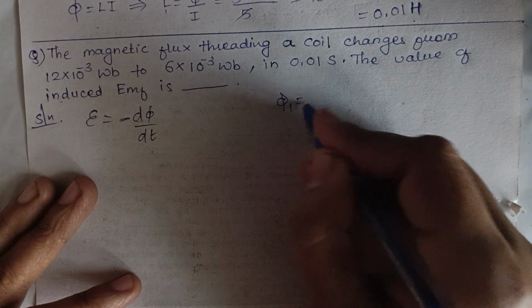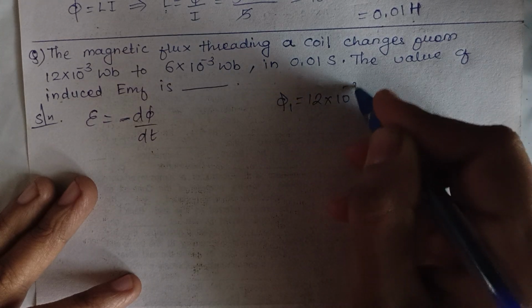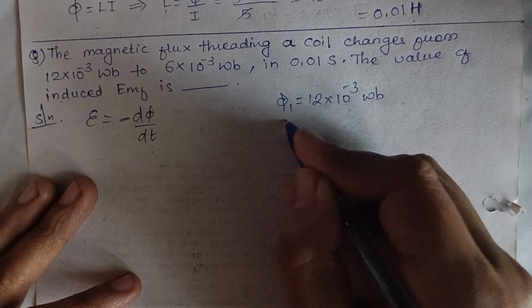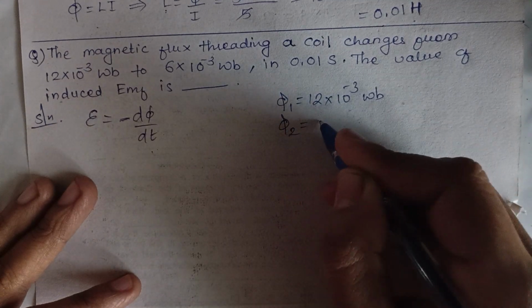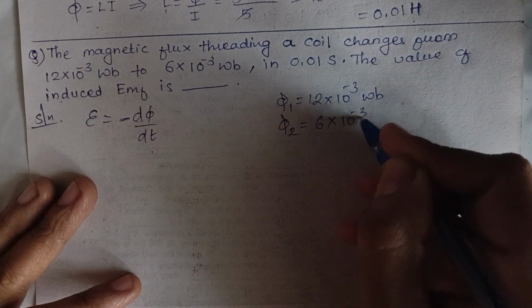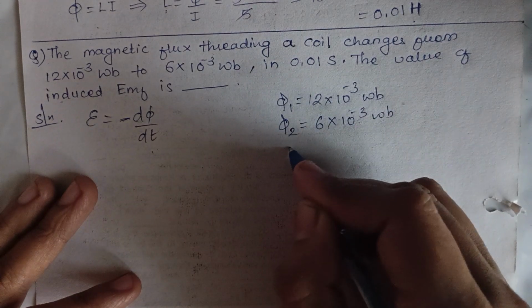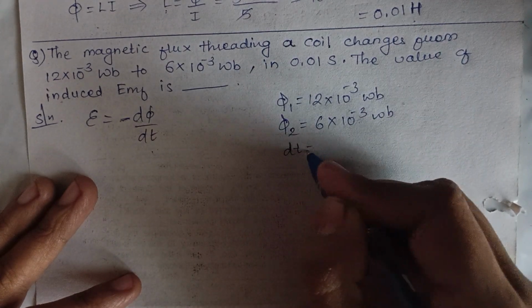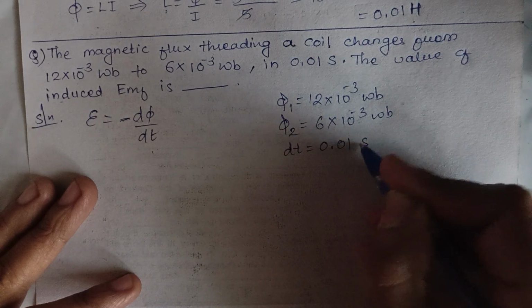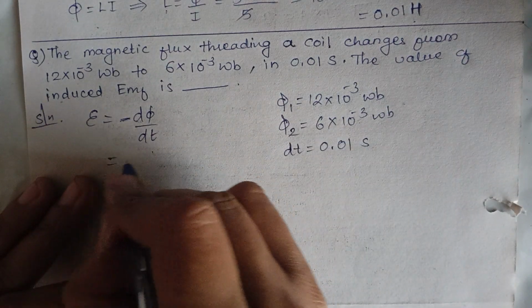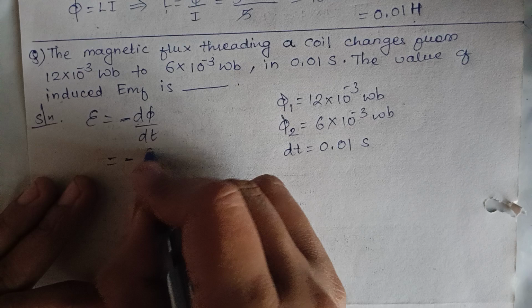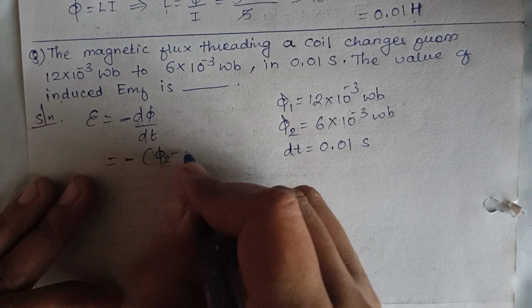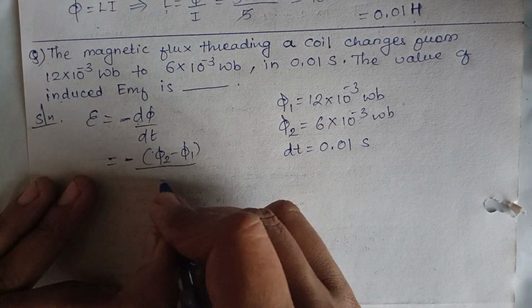First it was 12 into 10 raised to minus 3 Weber, and then it changed to 6 into 10 raised to minus 3 Weber, and dt is given 0.01 second.